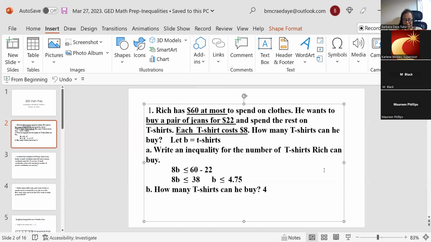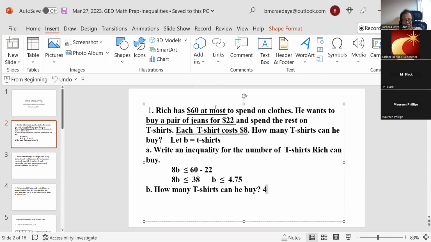Questions? Maureen, you okay? Did you get the answer? Yeah. I'm just thinking, Miss Barbara, 8B less than or equal to 60 minus 22. How would you work that out? Because at most $60. So you started with $60.